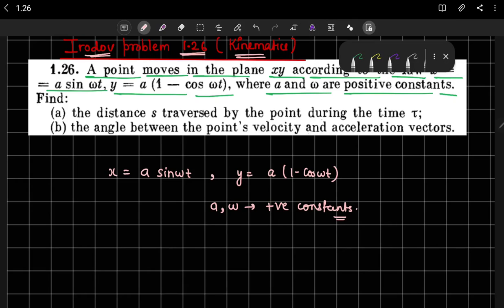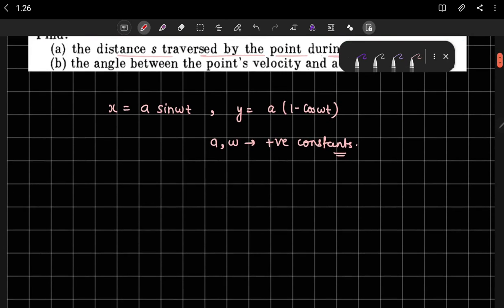Now in the first problem, it is asked to find the distance s traversed by the point during the time tau. Now if we see the position of the point at the time instant t is equal to 0, we can write x is equal to a sine omega into 0, that is equal to 0, and y we can write as a times 1 minus cos of omega into 0.